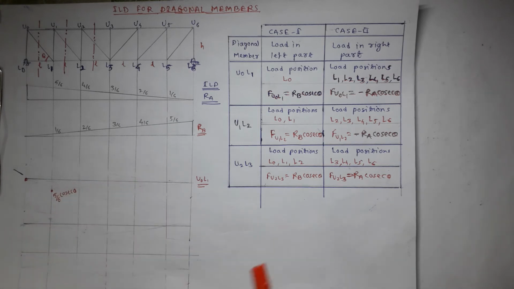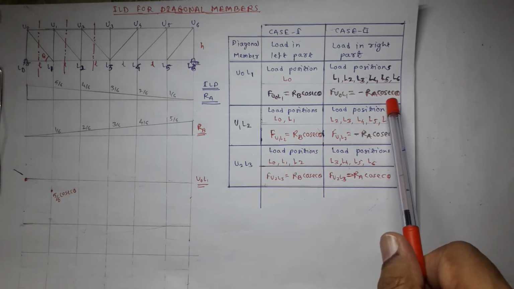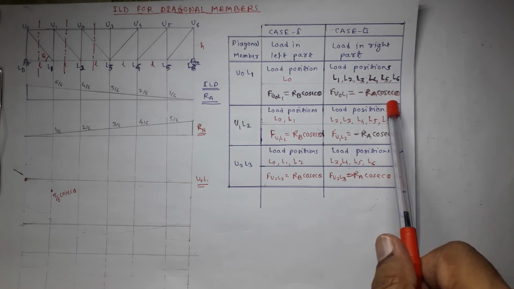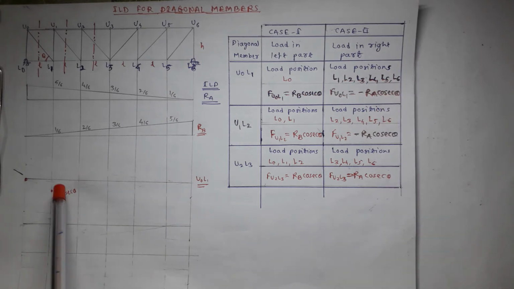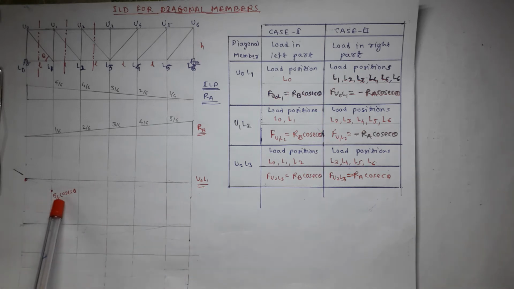Now remember it well, the negative sign is there only to indicate that the force is tensile, and the tensile force I am going to plot below the baseline. The same was the case in vertical members also. So the negative sign means the force is tensile, that is why the negative sign is there. So minus RA into cosec of theta will be the value.